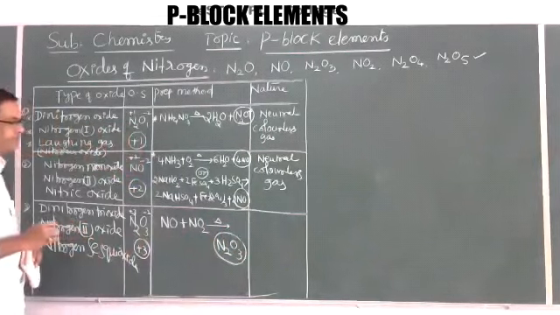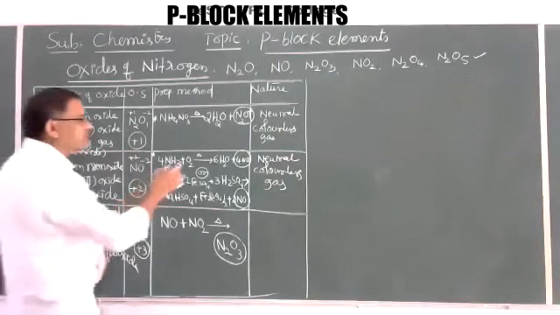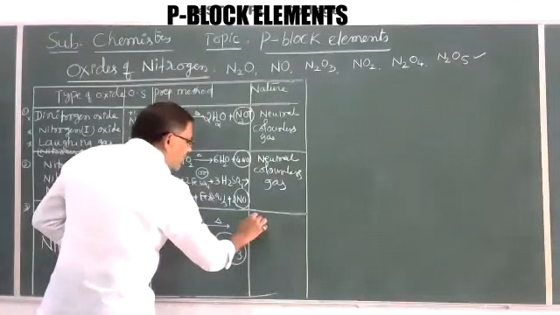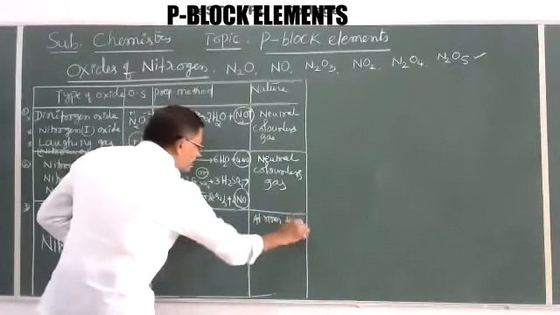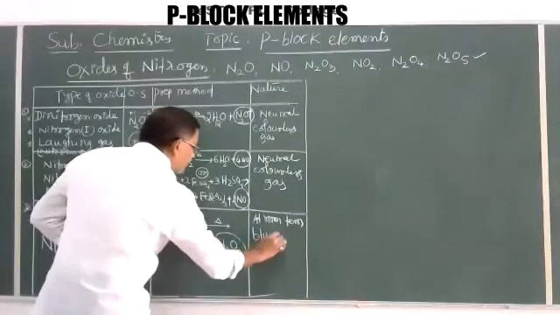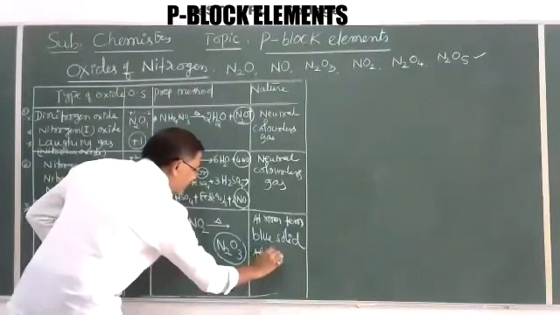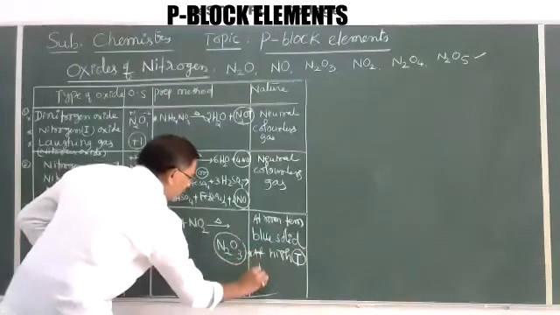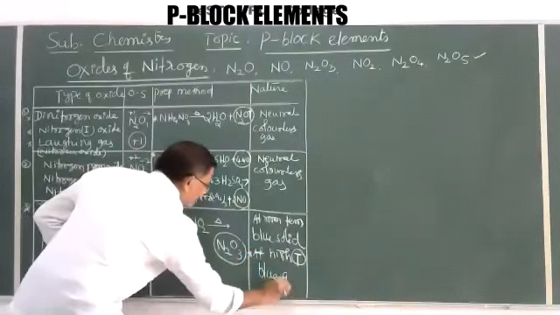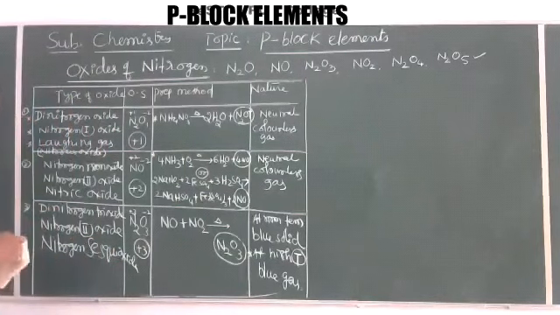Now at room temperature, it is a blue color solid. At a high temperature, it is a blue color gas. So these are the 3 important oxides of nitrogen.